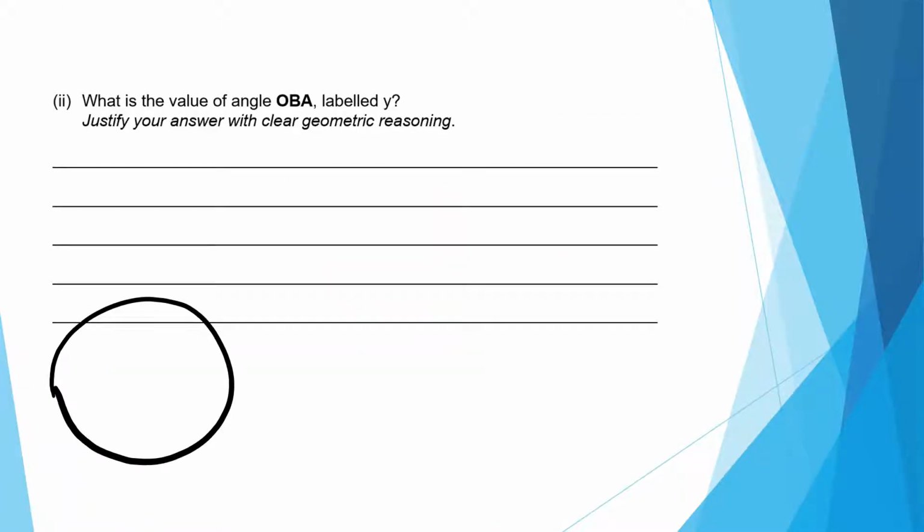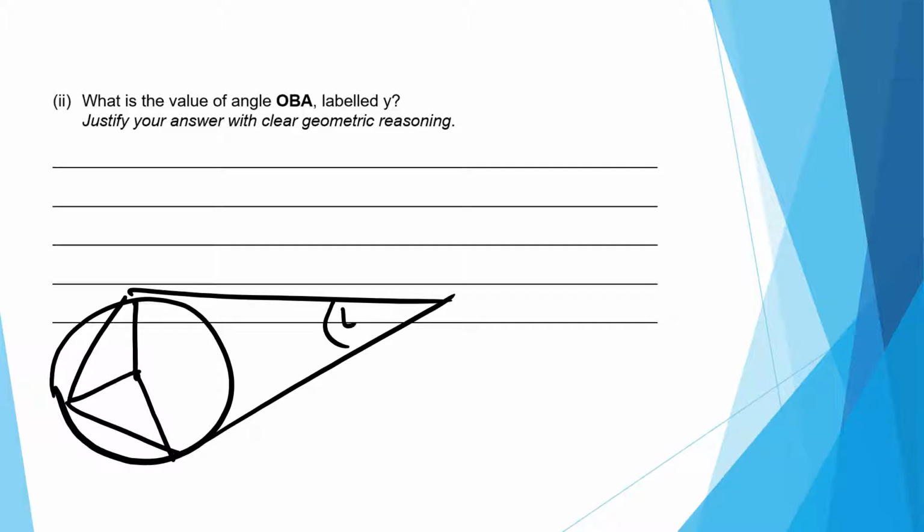Okay, here we go. So here's our diagram. 40 degrees. We had some labels A, B, C, D, O. We've just worked out that this is 124 degrees.